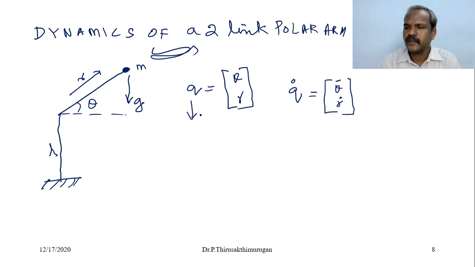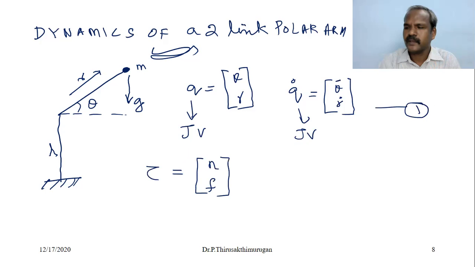The corresponding force vector, equation number 1, tau equals n, f, with n a torque and f a force.